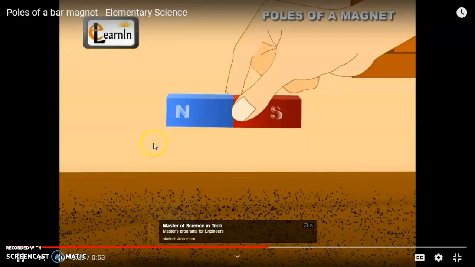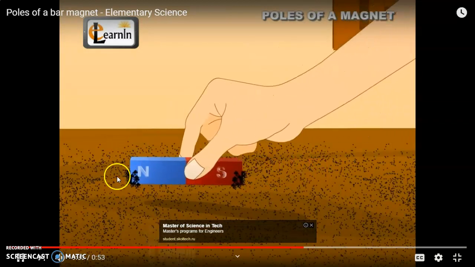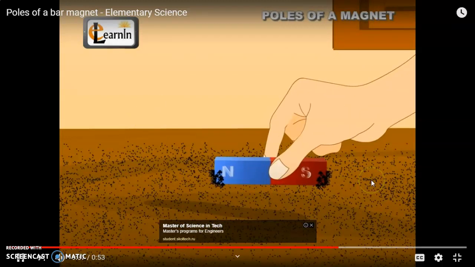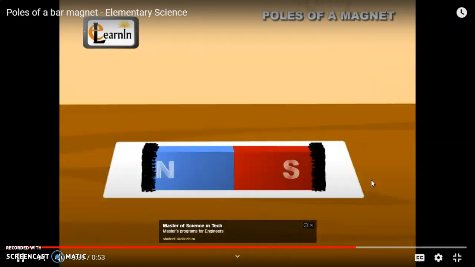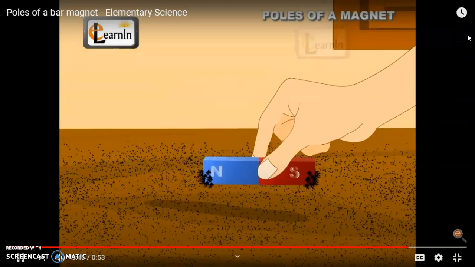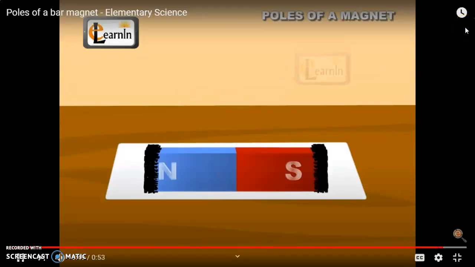Now remove the iron filings from the magnet and repeat the process. Again, the iron filings are only attached at the ends of the magnet. These two ends of the magnet are called the poles of the magnet. They are the points of the magnet where all the iron particles get attracted. These points are generally present at the ends of a magnet.